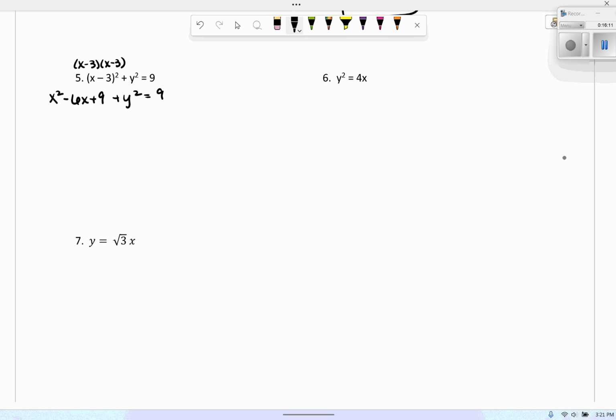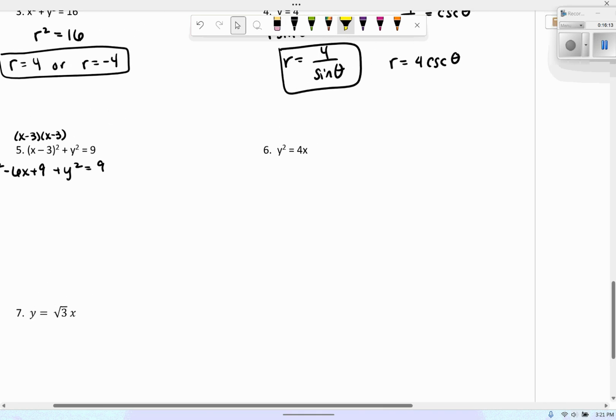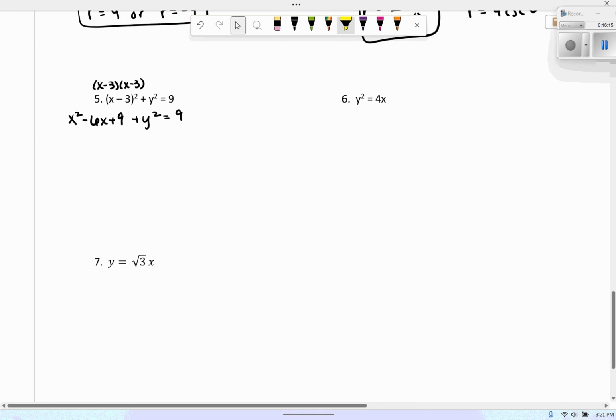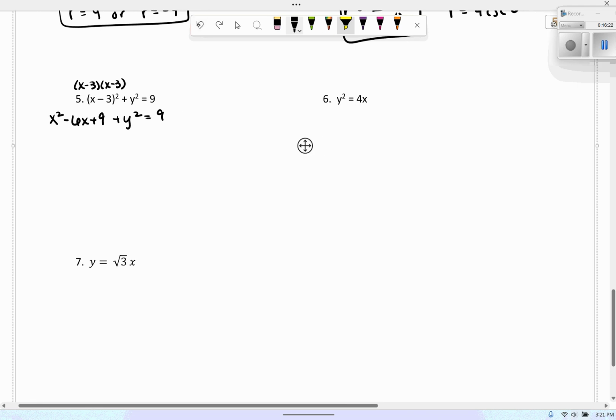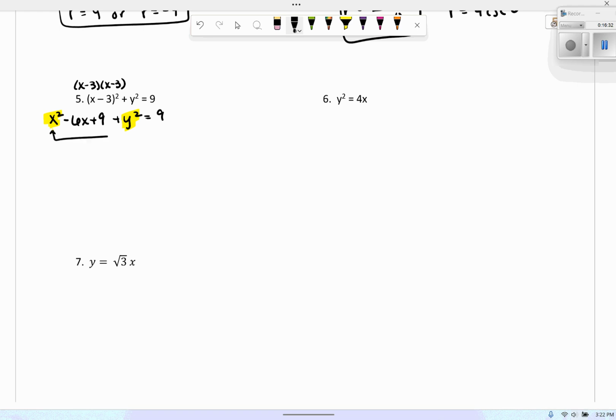And then I would notice that I have x squared and y squared. So I'm going to highlight that. And we know that x squared plus y squared is equal to r squared.